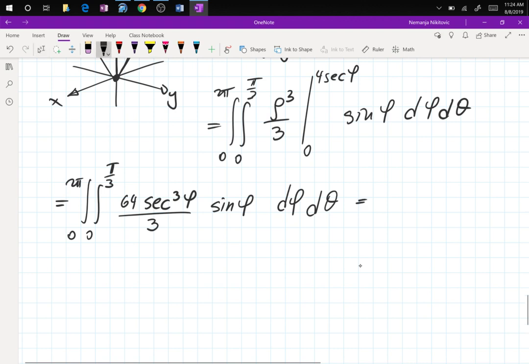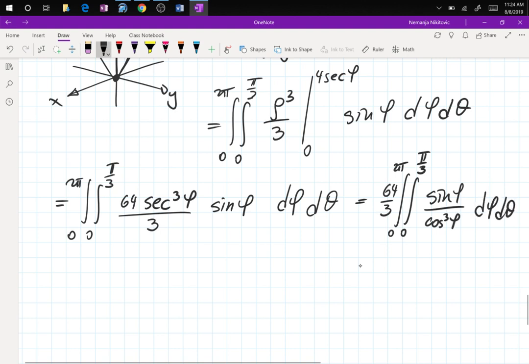So 64 over 3 can be kicked outside. We still have our double integral because we need to put this in a form we can integrate. Secant cubed is 1 over cosine cubed, so you have sine phi divided by cosine cubed phi d theta.